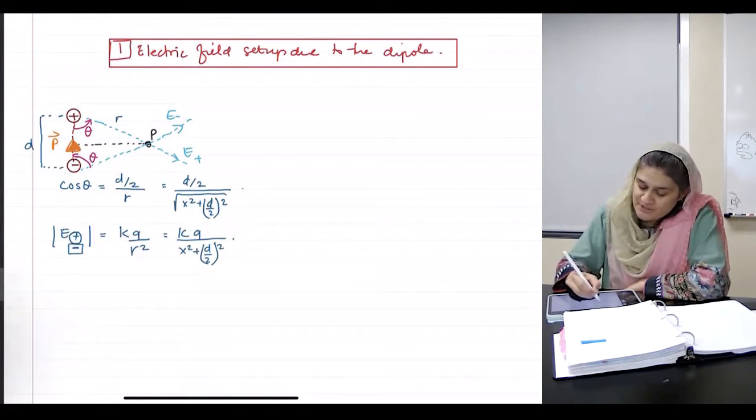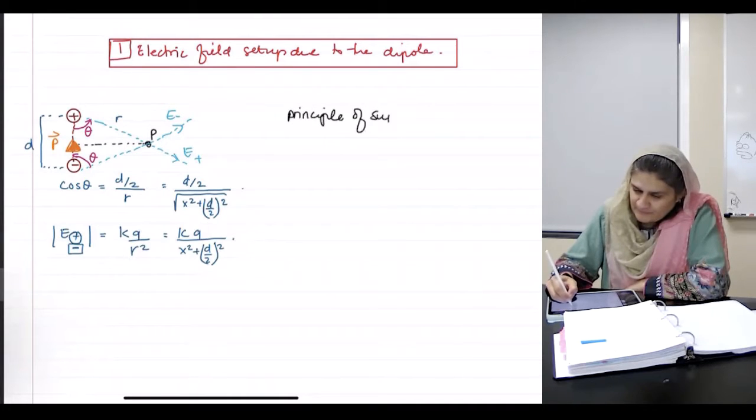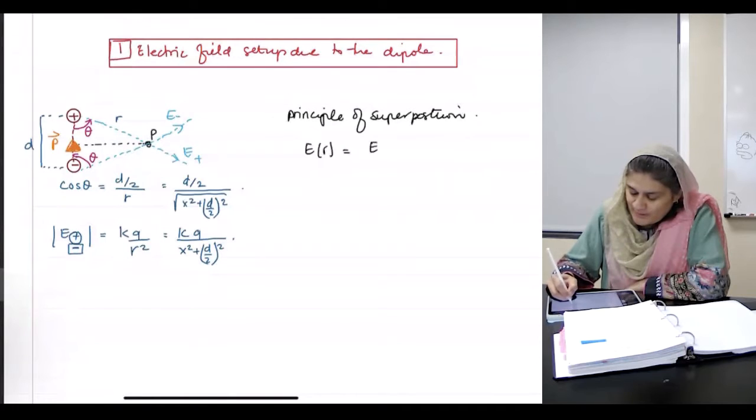Principle of superposition says that E at point P will be the field due to plus and minus.